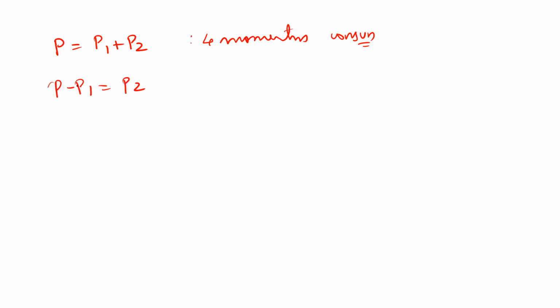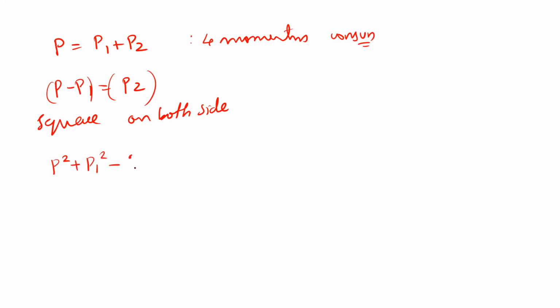This is four-momentum. Now you square on both sides. Square means it's a four-vector square. So P square plus P1 square minus 2P dot P1 is equal to P2 square.